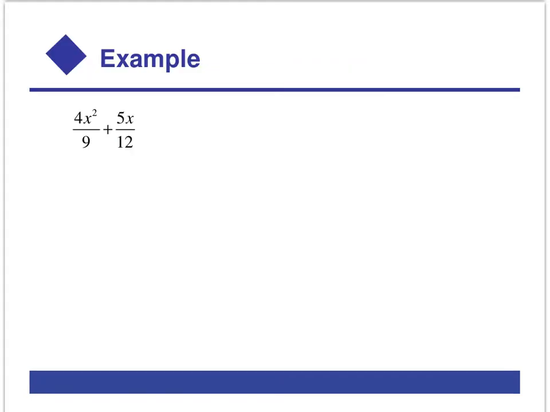So here's our practice problem. We have 4x squared over 9 plus 5x over 12. So we need to find the least common denominator, something that 9 and 12 will go into evenly. The first thing I would do is create a factor tree if you needed to.